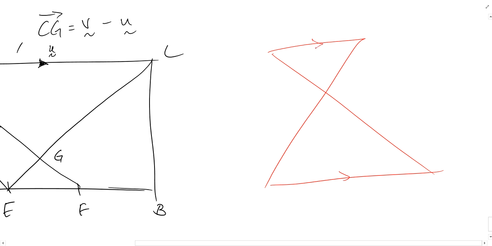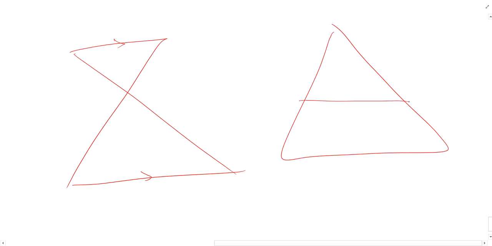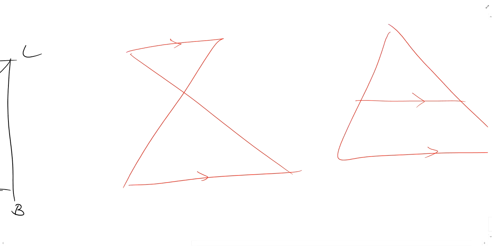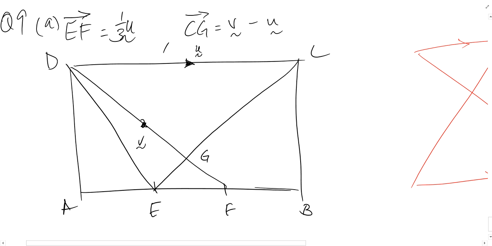These are similar triangles when you have parallel lines like this. The other one will be like this. There are also similar triangles over here. So do you see either of this shape inside your rectangle? Yes, okay. And they are here.